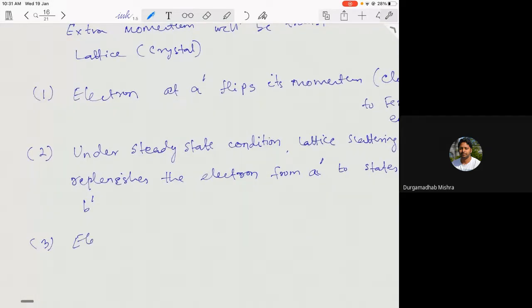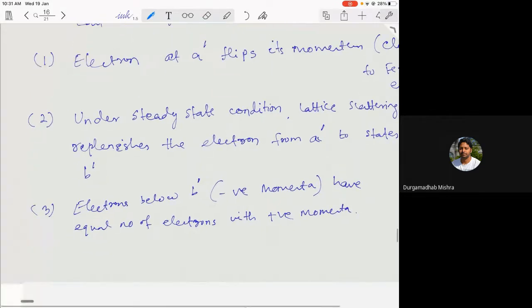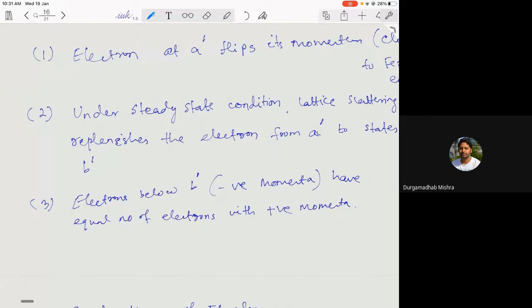Electrons below B prime, with negative momenta, have an equal number of electrons with positive momentum, and that means electrons only close to the Fermi level contribute to the conductivity process.